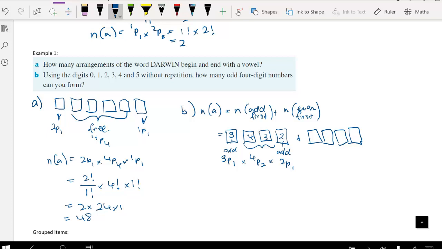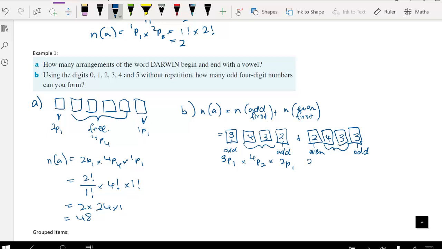When we look at even, we can't have the 0 as a first value, so there's only 2 possibilities here. We need to have an odd for the last, so we've got 1, 2, 3 possibilities. And then we have 4 possibilities left for the remaining, so we've got 4 and 3. So this must be even, this must be odd, and this is the remaining.